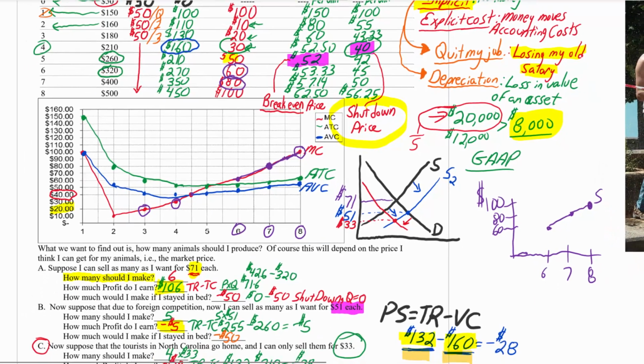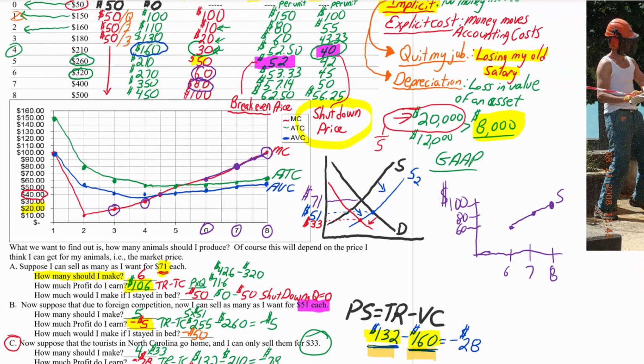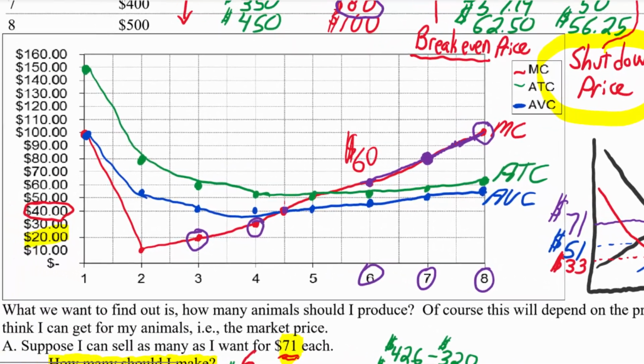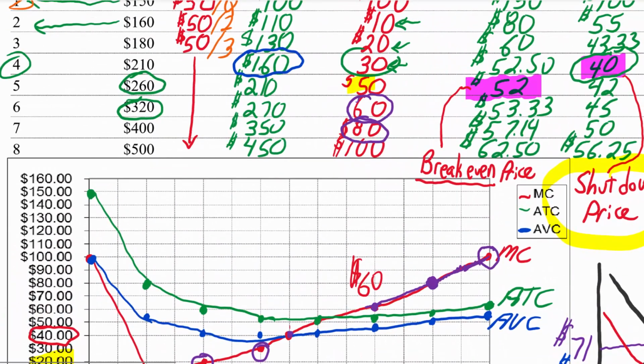So we would want to keep this supply curve for this business going down to $60. They'd produce 6 units. At $50, they'd be willing to produce 5 units. But at $30, they're not willing to produce anything.